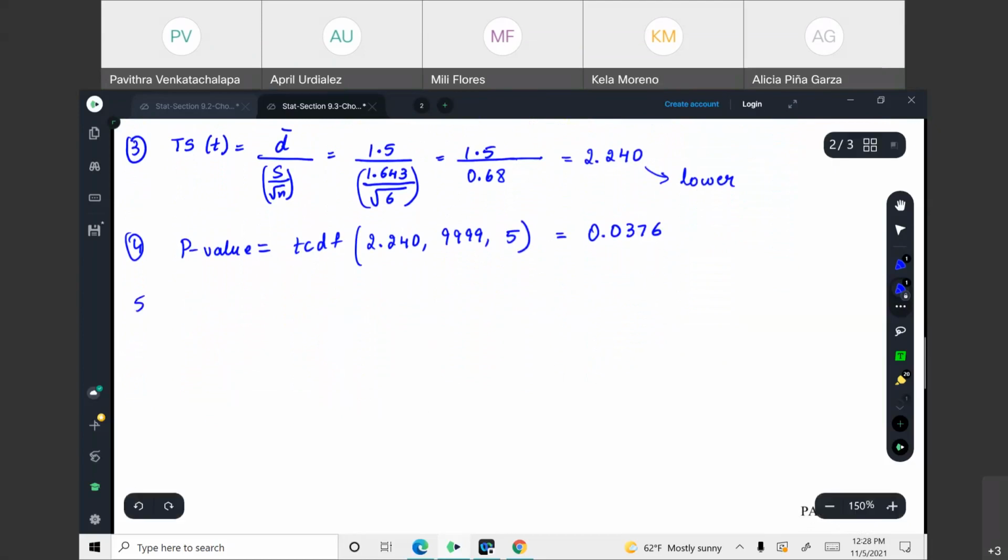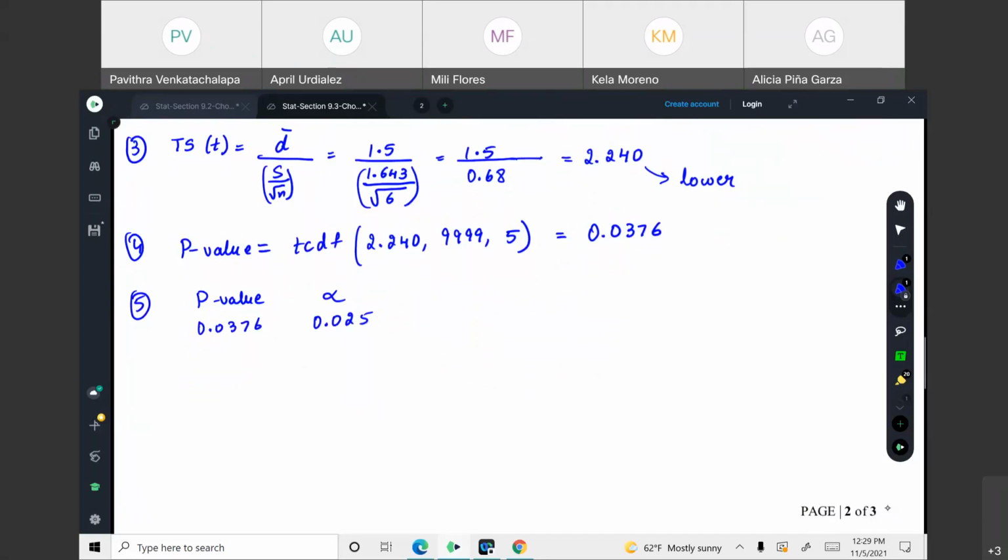And the next step is very simple. You are just going to compare p-value with alpha. Now we know p is 0.0376 and alpha is 0.025. So it is 0.02 on the right side. Left side we have 0.03.